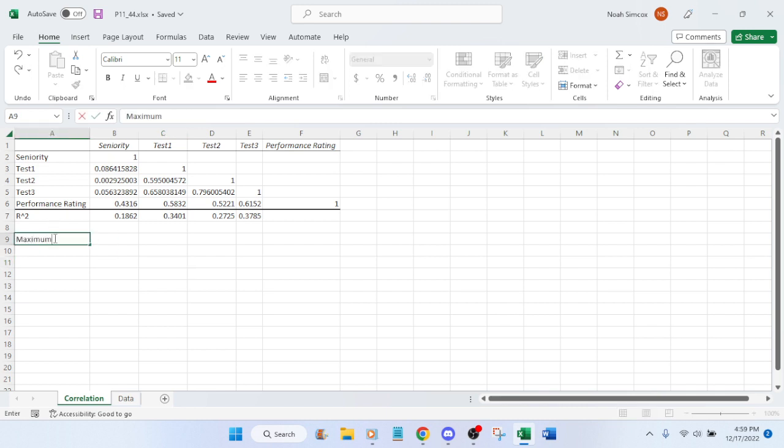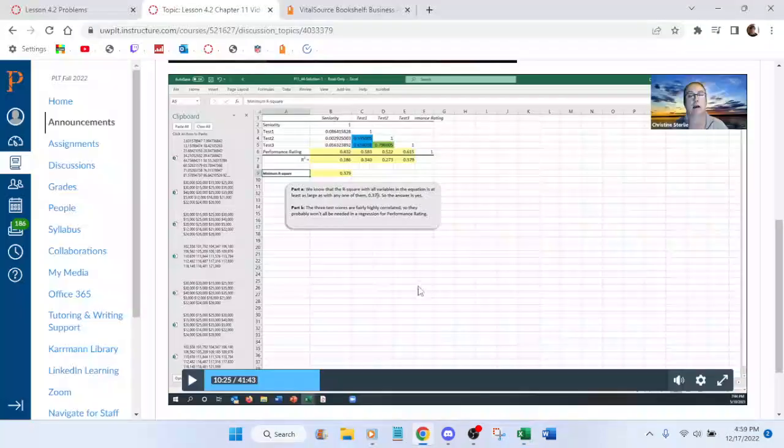Maximum R squared is equal to this. So we know that the R squared with all variables in the equation is at least as large. A.